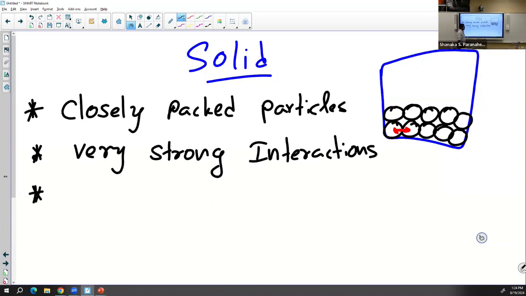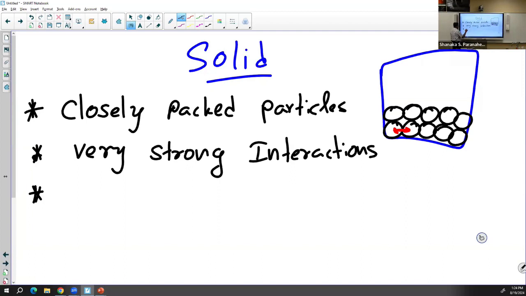Also, these particles are in constant motion at a fixed position. So these particles vibrate all the time. We don't see those vibrations, but there are vibrations. Even the atoms in this pen constantly vibrate. We don't feel it or see it because it's at the particle level and the particles are very small, which we cannot see with the naked eye.